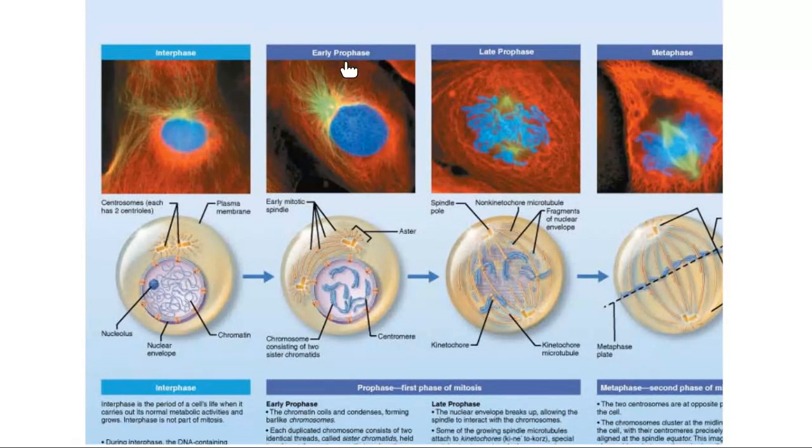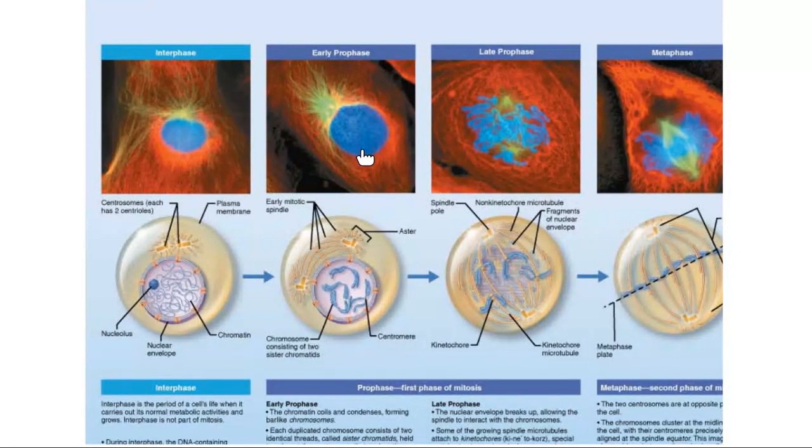Once I start mitosis, once I go into the first phase called prophase, the first thing you're going to notice in prophase is that the cell takes its spaghetti noodle mess, that's all blurry here, and starts to condense it down into chromosomes. So the first thing that happens in prophase, they're calling this early prophase, is I form chromosomes.